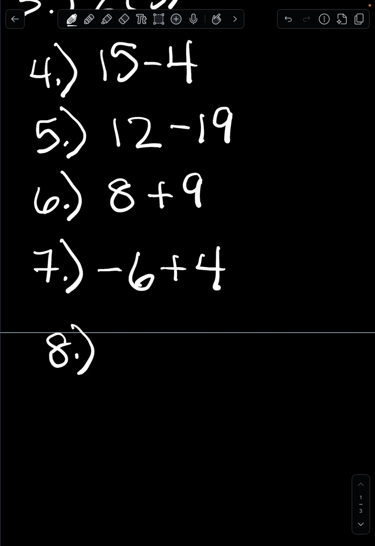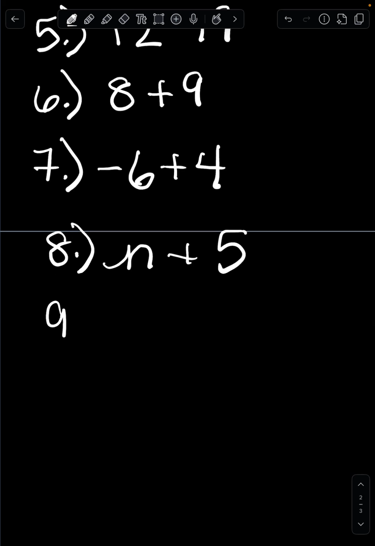If they just say a number, I generally say n. You could call it x, you could call it y, whatever, because they don't specify it. But usually when it says a number, I just stick with n. So number 8, we have a number increased by 5. We don't know what it is, so we'll just use the variable n, increased by or plus 5.